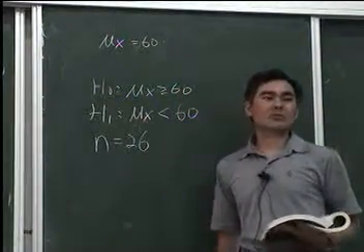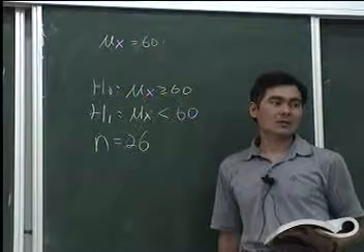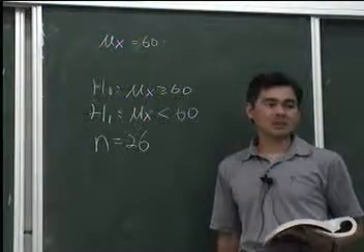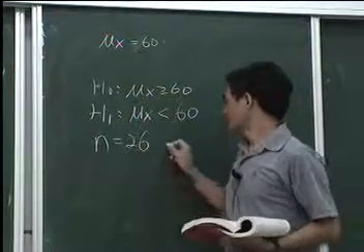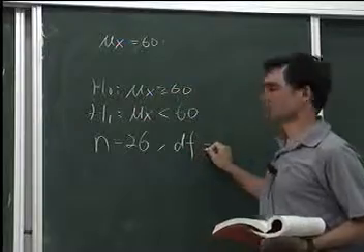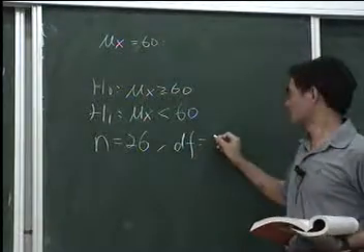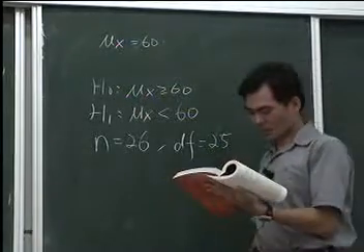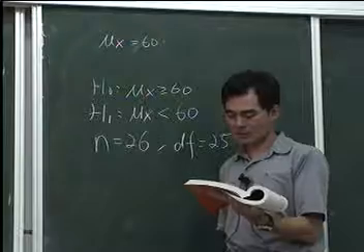So what kind of distribution should you use? Z or T? T distribution, right? Degrees of freedom? 25. Degrees of freedom, 25. And now they find out that the mean cost is 57.